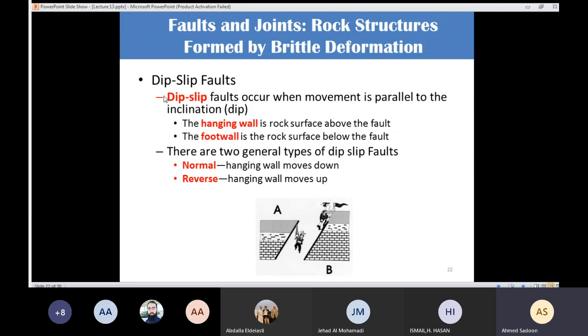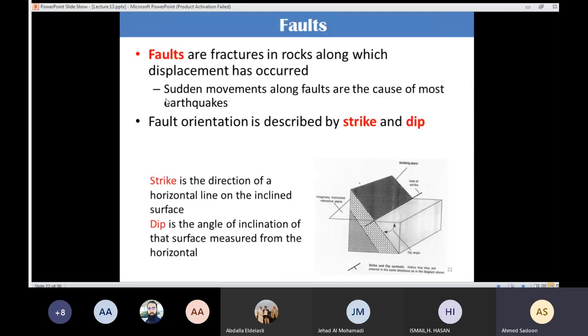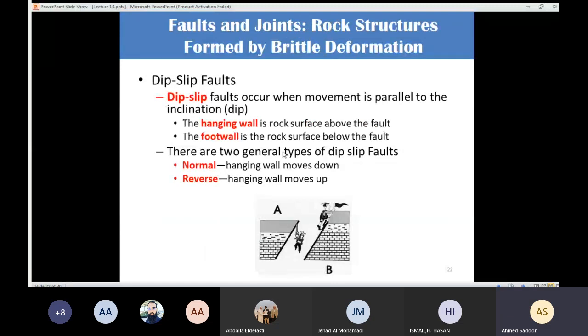So this one is a dip, or we are going to call this dip direction. And in this case, we are going to have displacement in the direction of the dip. So this type here has been described by the dip, and we are going to call it dip slip.